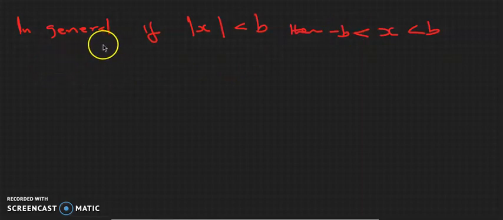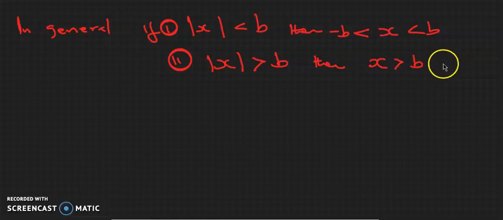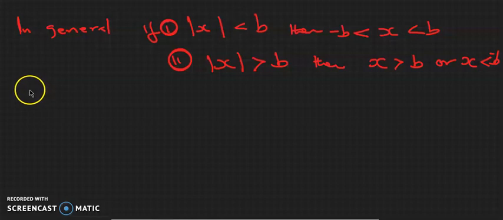And if the absolute value of x is greater than b, then x is greater than b, or x is less than negative b.